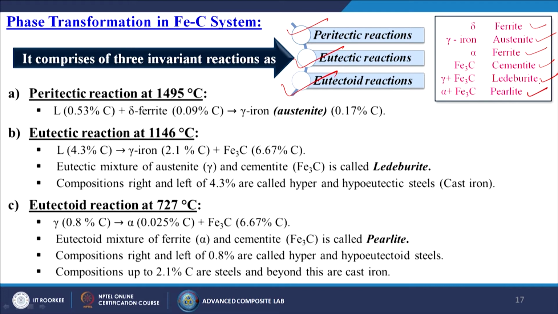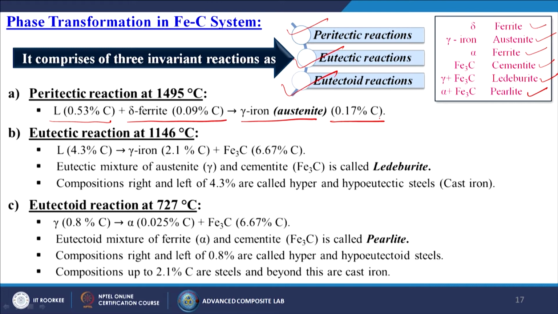What is the peritectic reaction at 1495 degree centigrade? Liquid with 0.53% C plus delta ferrite with 0.09% C converts into gamma iron austenite, which has 0.17% C.